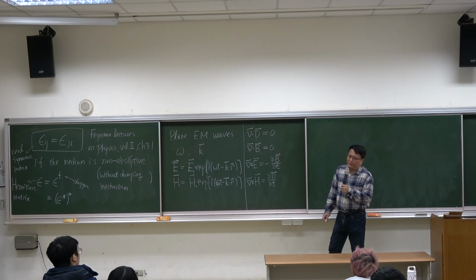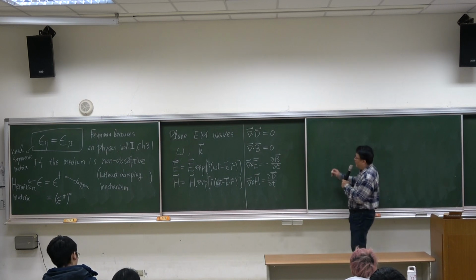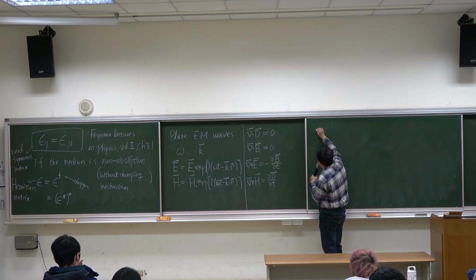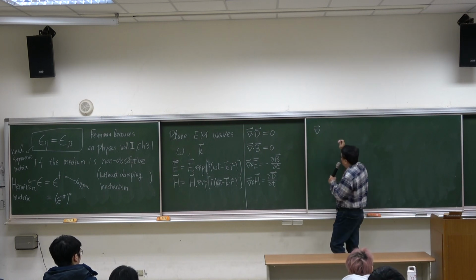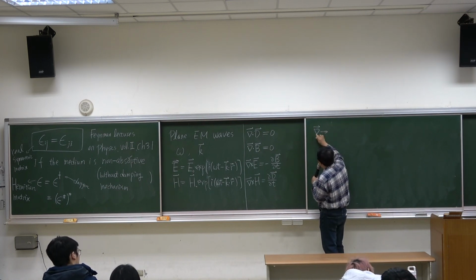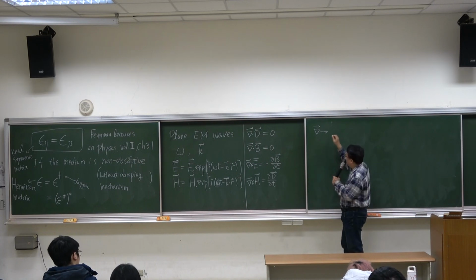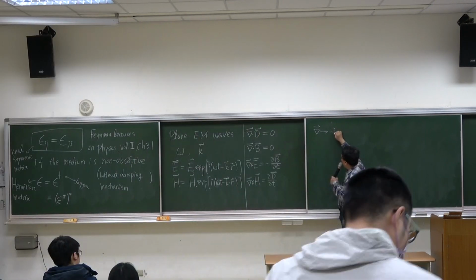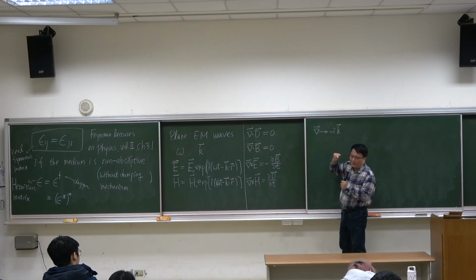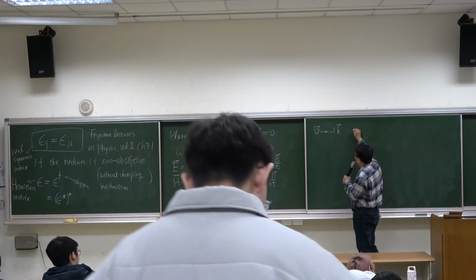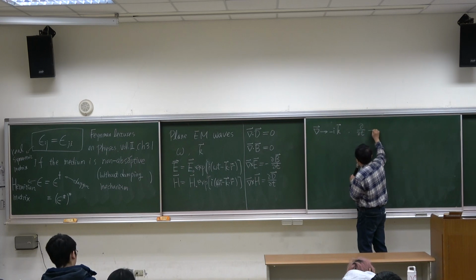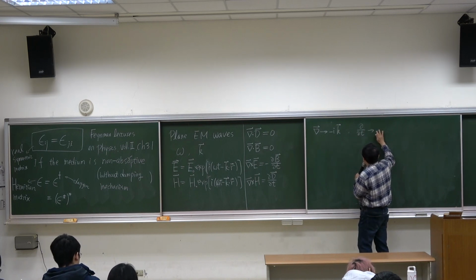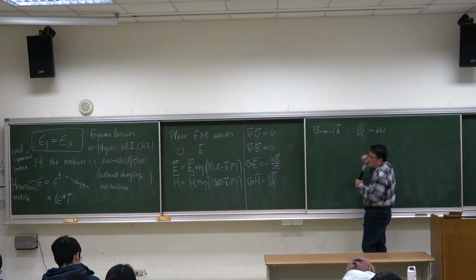Remember that we learned in chapter 1 that for a plane wave we can replace the del operator by just minus ik, and we can replace the time derivative by i omega.